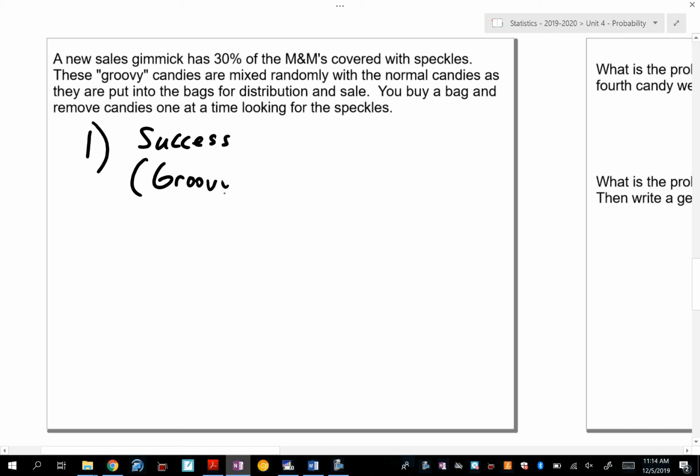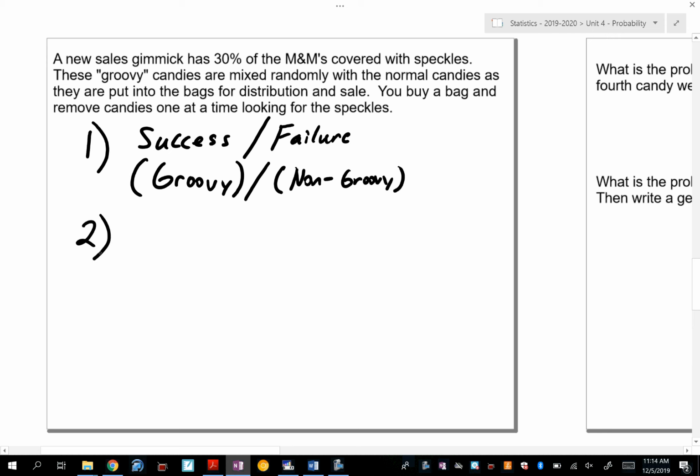Groovy candy. You might think that would be a failure, but that's a success here. What is going to be the failure? Non-groovy, or regular is fine. Okay? So we just checked off the box for number one.